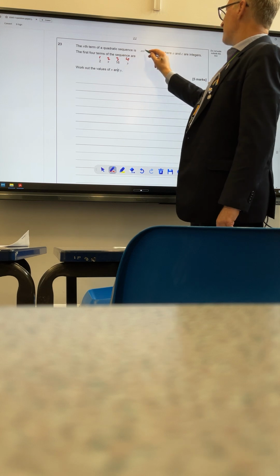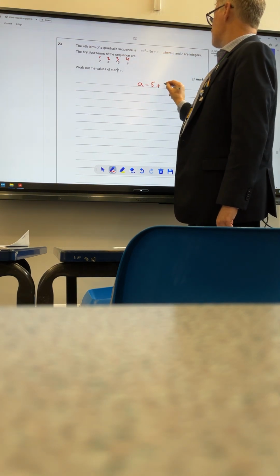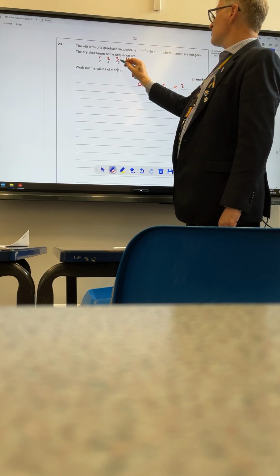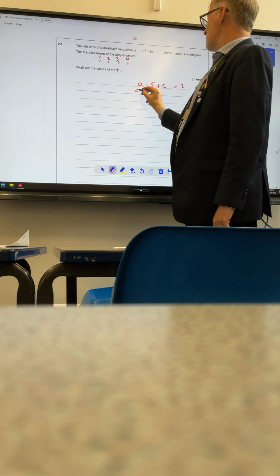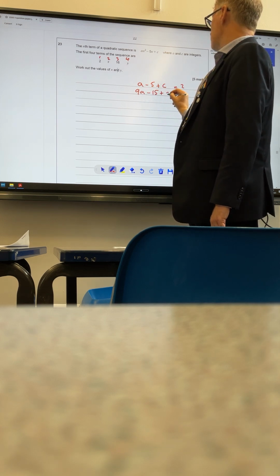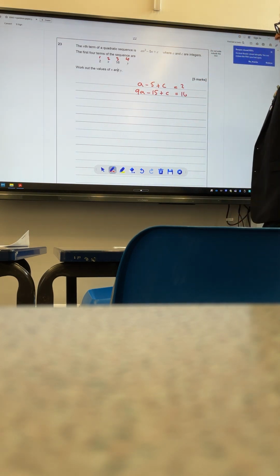So when n equals 1 in there, doesn't that give us minus 5 plus c? And we know that's got to equal 2. And put n equals 3 in here, and doesn't that give us 9a minus 15 plus c? And that happens to equal 16 apparently. So can't we therefore work out what a and c is?